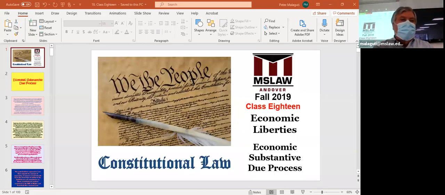That's no, that's not Marshall though. They didn't wear the powdered wigs. They didn't have the colorful robes that they do in England.